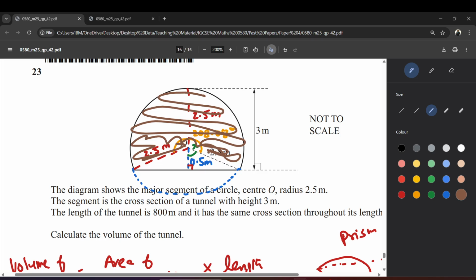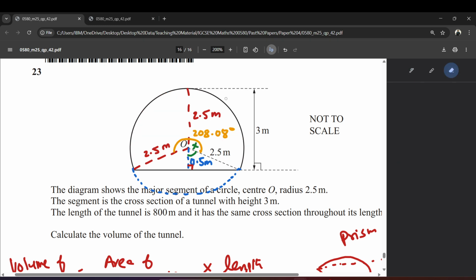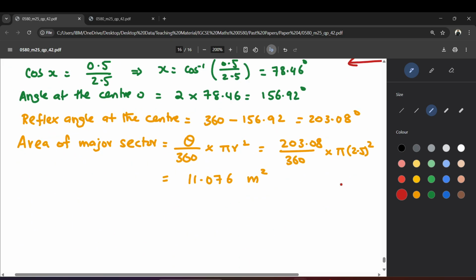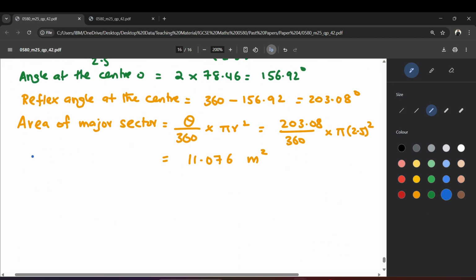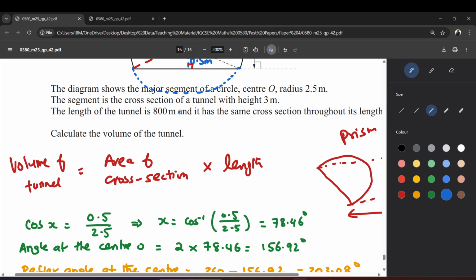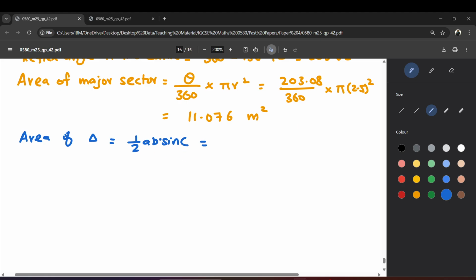Okay, now all we have to do is we need to now find the area of triangle, so that will give me the total area of this cross section. So now I can say area of triangle is equal to half AB sine C. Okay, because we don't know what the base of the triangle is, but we do know two lengths and we know the included angle, so we can find out the area using this formula.